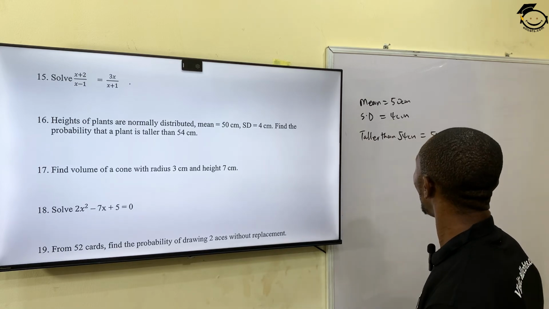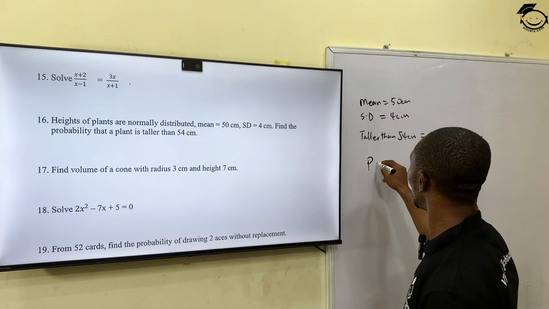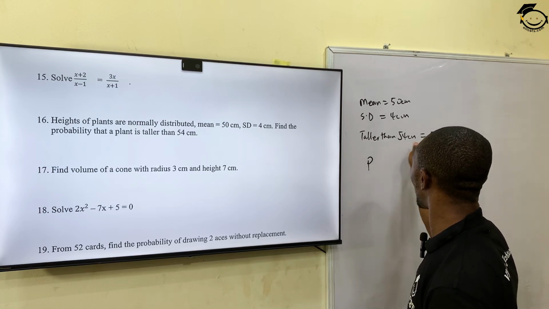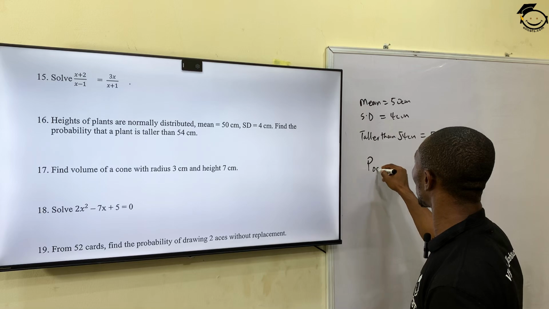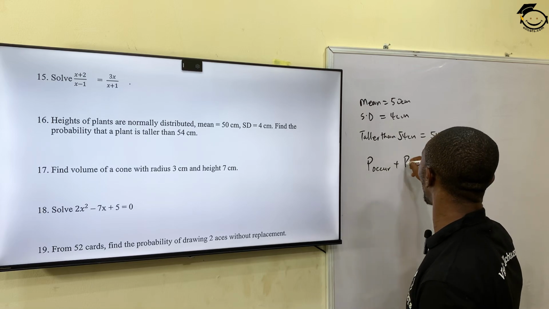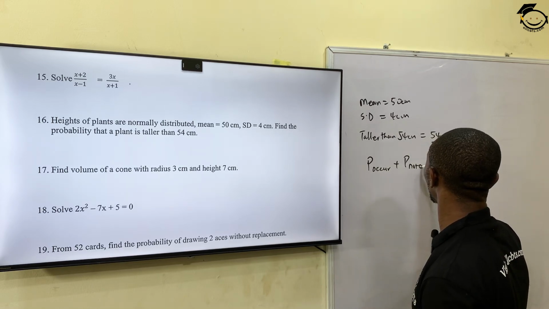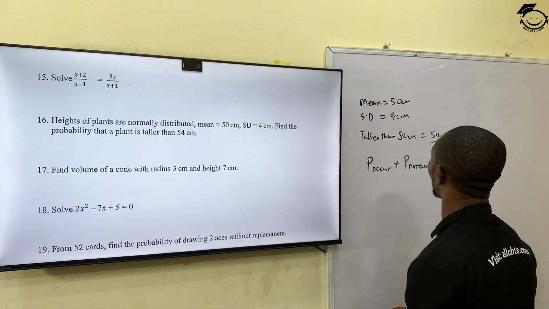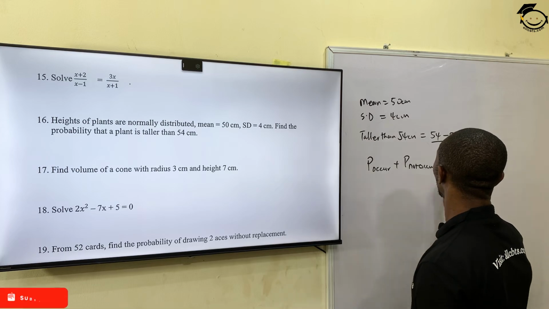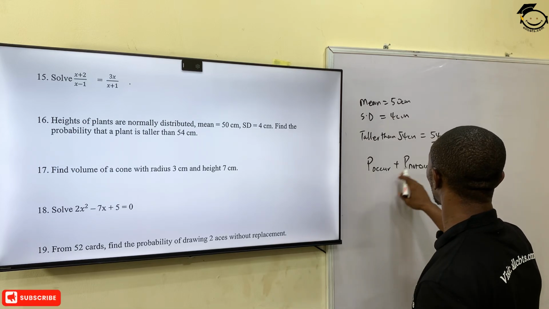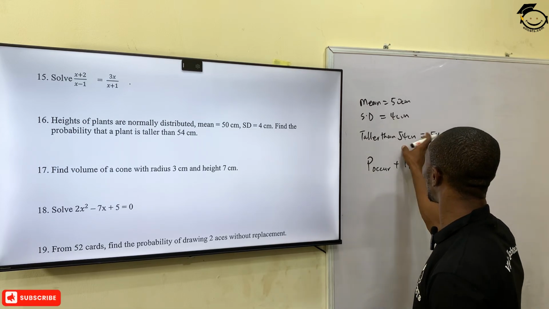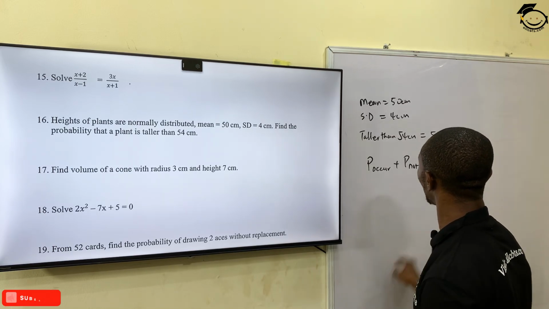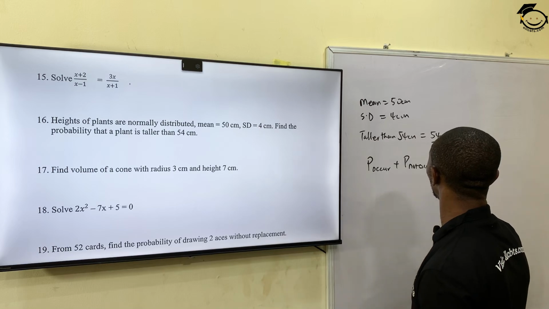Okay, now we know that probability of it occurring plus probability of it not occurring equals 1. So probability that it is taller than 54 centimeter and probability that it is not taller than 54 centimeter will be equal to 1.